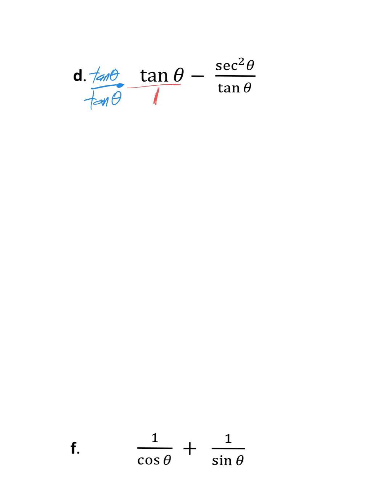Okay, so this now leaves me with this kind of situation. Tangent squared theta over tangent theta minus secant squared theta over tangent theta.